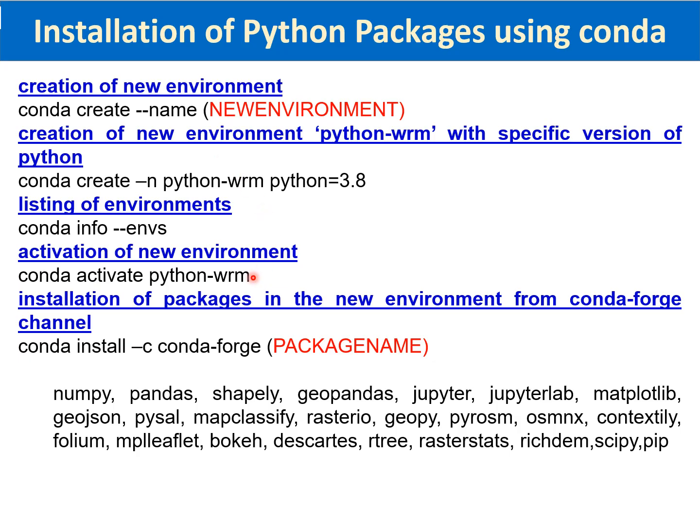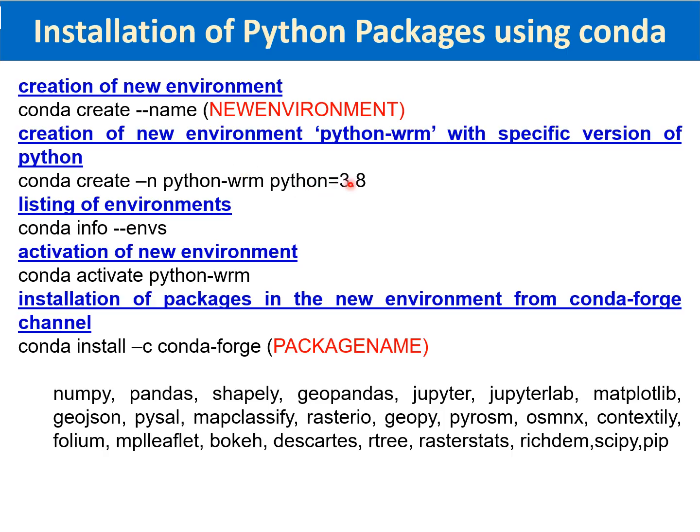On the same system, you can have different environments with different versions of Python and various versions of the Python packages installed, and it will not lead to incompatibility issues. So whenever you are starting a new project, it is very important to create a new environment. We will demonstrate creation of the new environment using a specific version of Python.